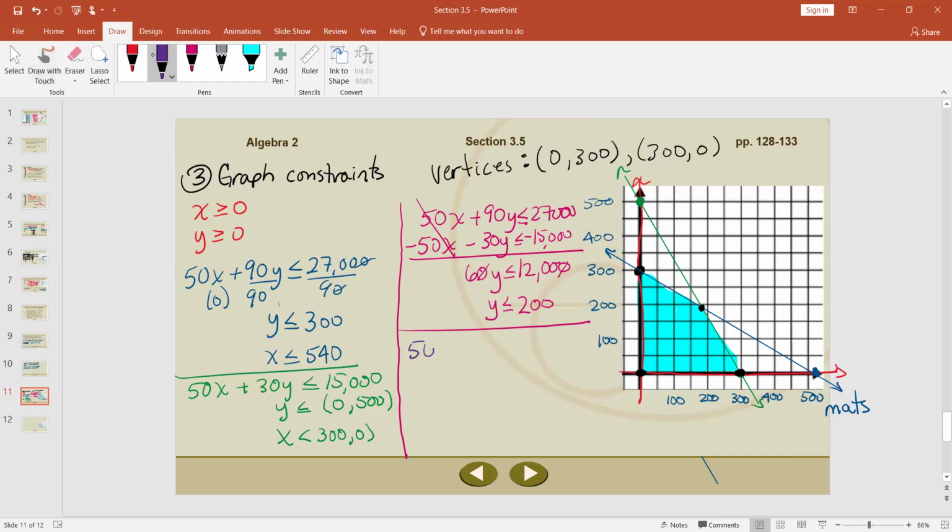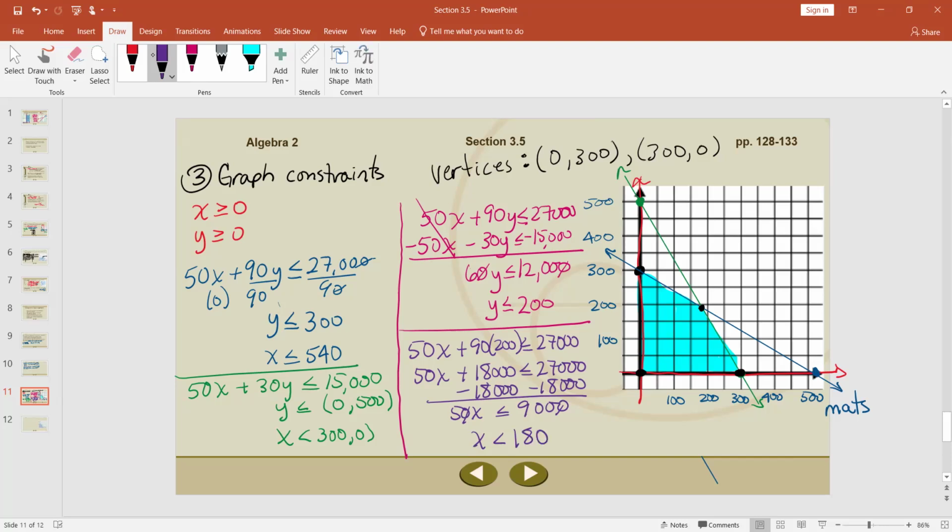I'll use the 50x plus 90 times 200 less than or equal to 27,000. Let's cancel. 5 goes into 9 one time with 4 left over. 5 goes into 40 8 times with no remainder, and then 0.